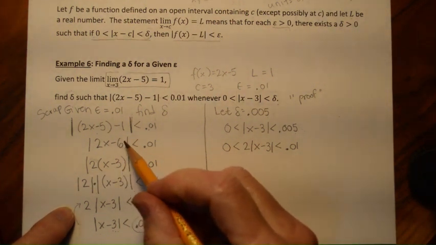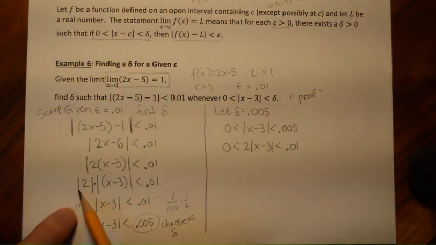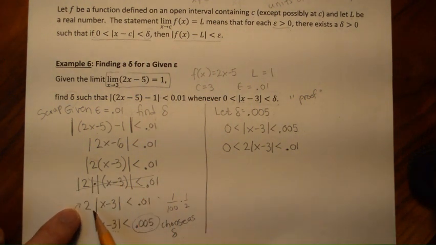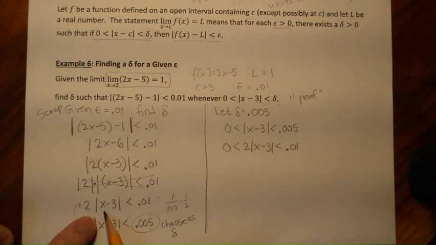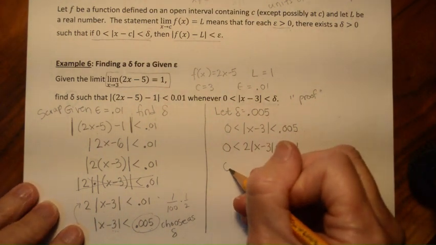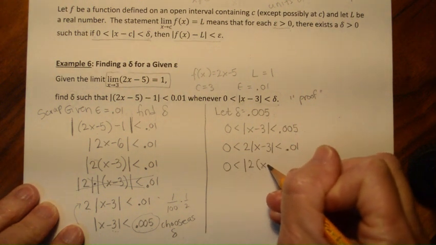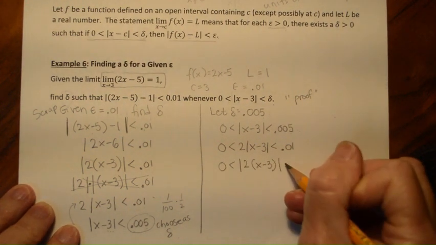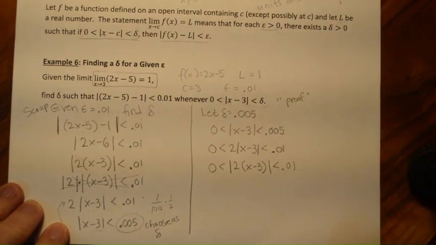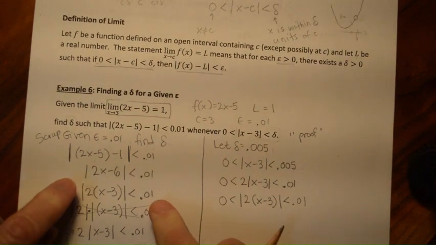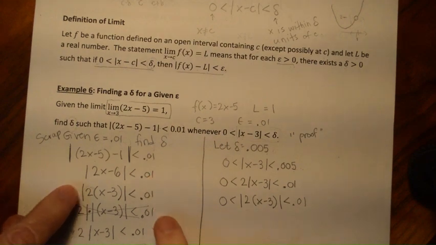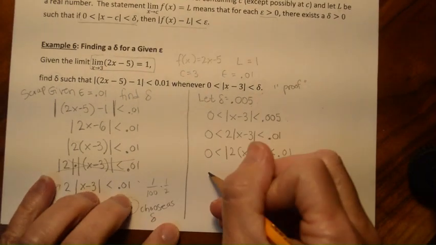This was several steps, so let's skip this step right here. We'll just say that we can move that 2 into the absolute value signs without any penalty. So this is the absolute value of 2 times x minus 3 is less than 0.01. And then how did we get up to here? Well, we distributed the 2.